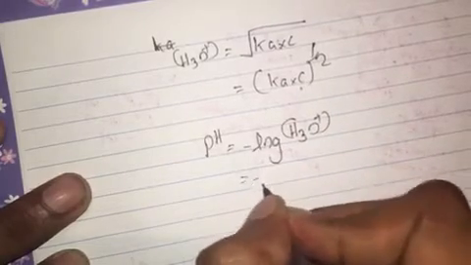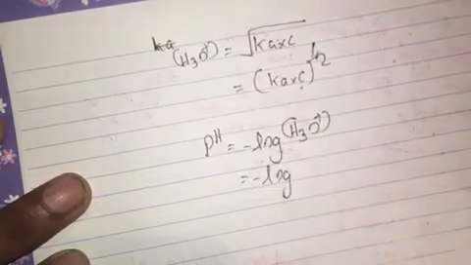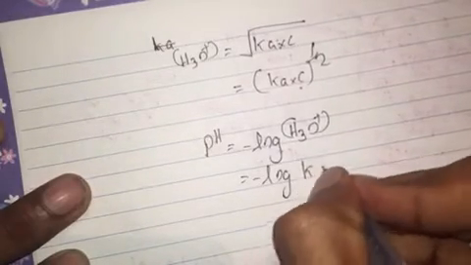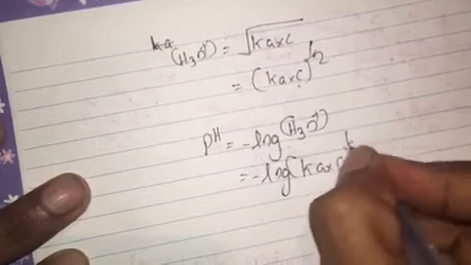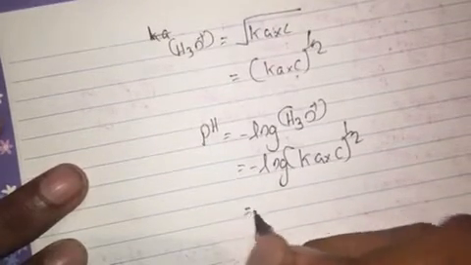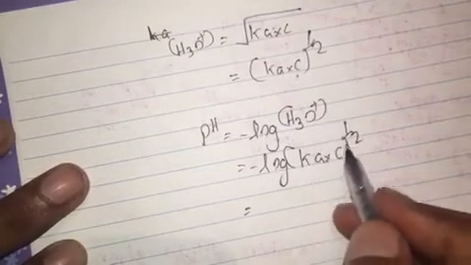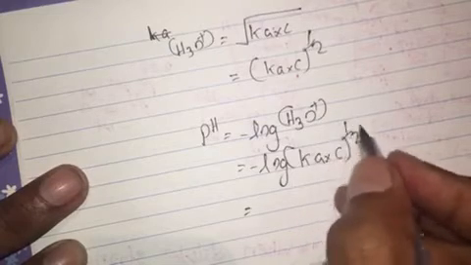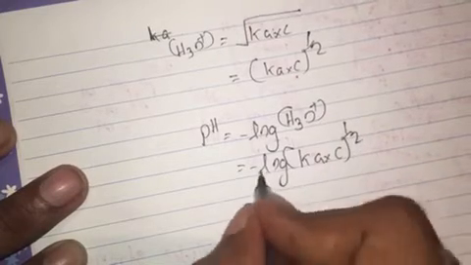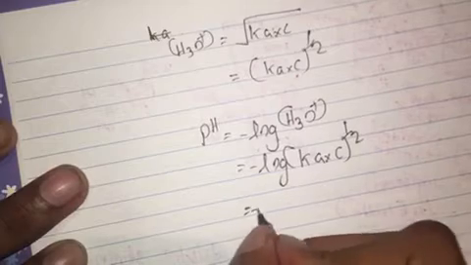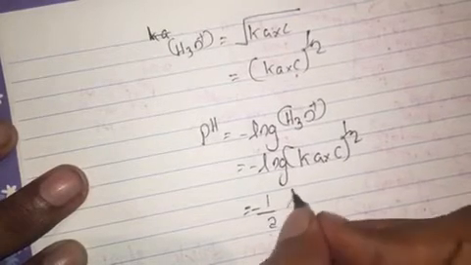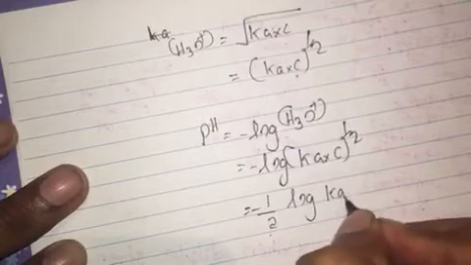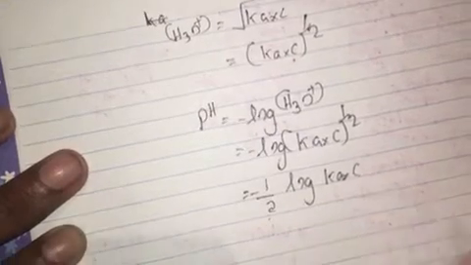Now we put minus log of (Ka C)^(1/2). If you want, you can modify this: the 1 over 2 can come to the front, so pH equals minus 1/2 log (Ka times C).